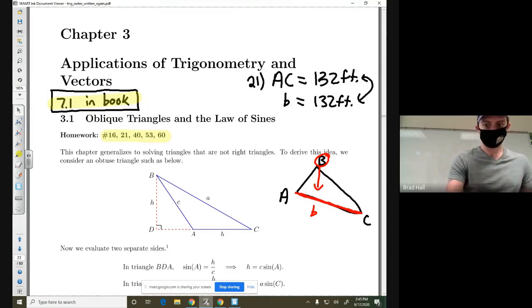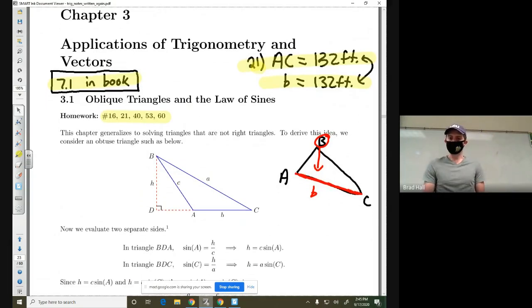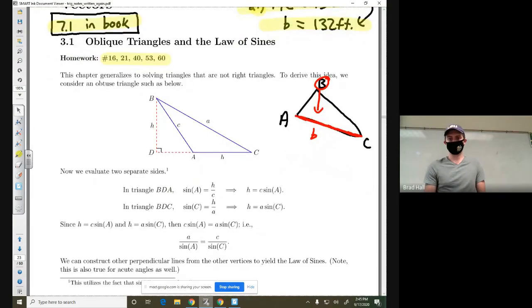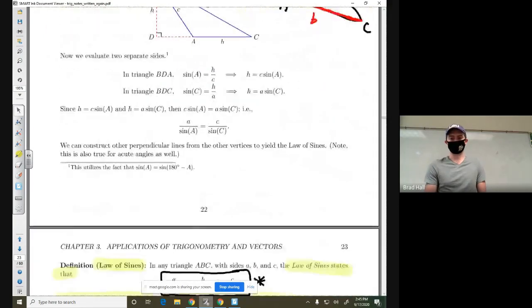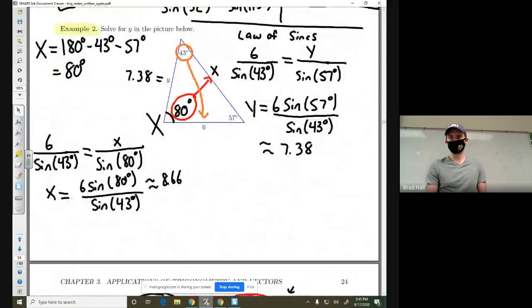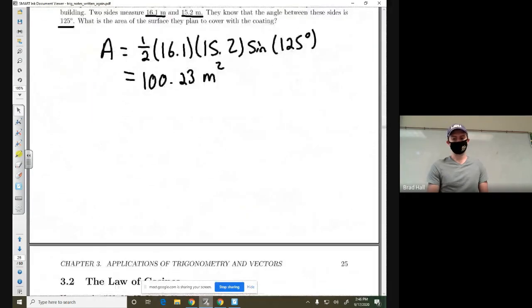And I gave some sort of clarity for 21. And depending on how far I get in section 3.2 is when I'll assign this homework due for. If I don't finish the next section, this will be due Tuesday. If I do, then both of them will be due Thursday. Let's see how I do.